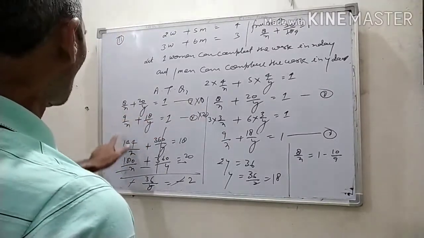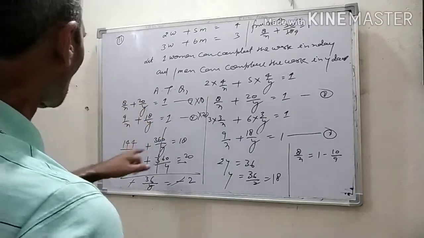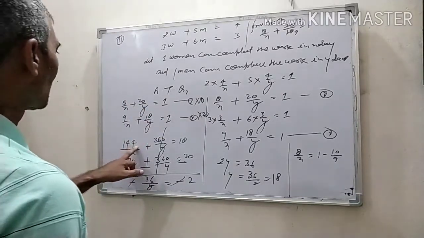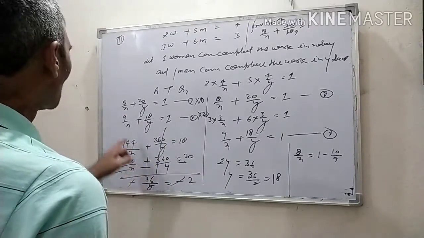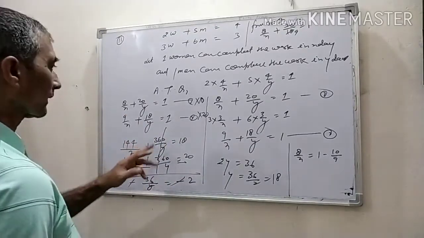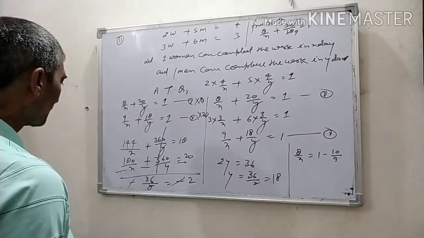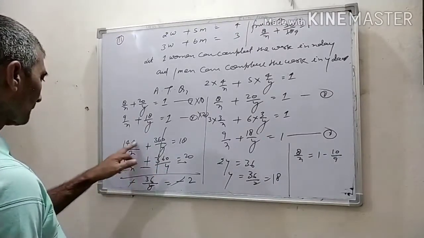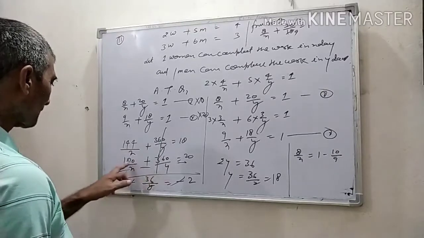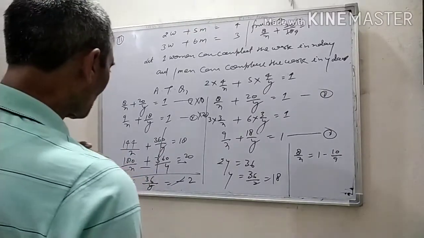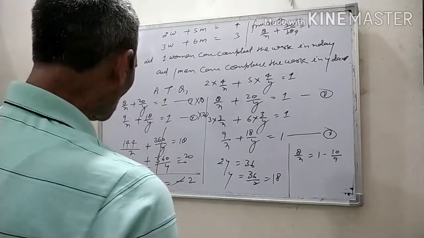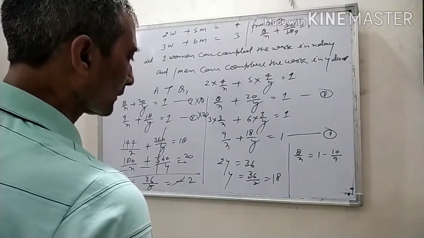Then 18 times 8 is 144, 18 twos are 36, 20 nines are 180, cancelled out. And minus 2, 2y equal to 36 and y equal to 18.